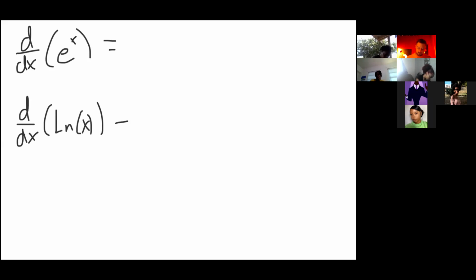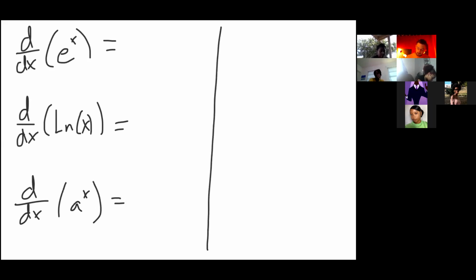We have two basic ones, and then from that, we also have the derivative of a to the x. I don't have enough room, so I'm going to come over here. Derivative with respect to x of log base a of x.